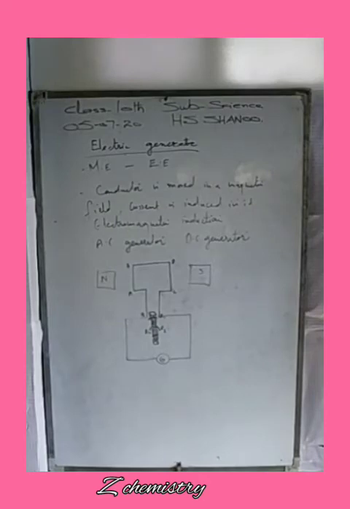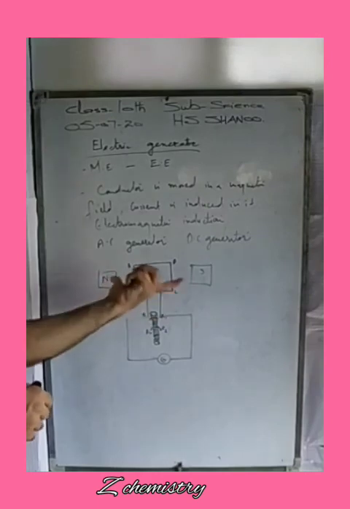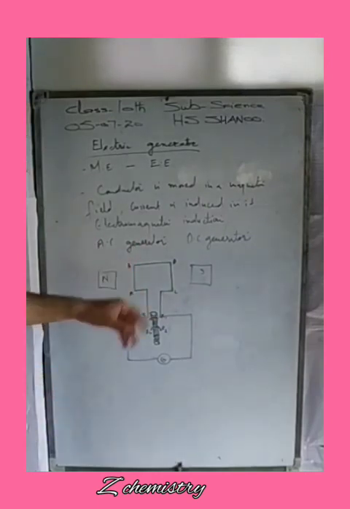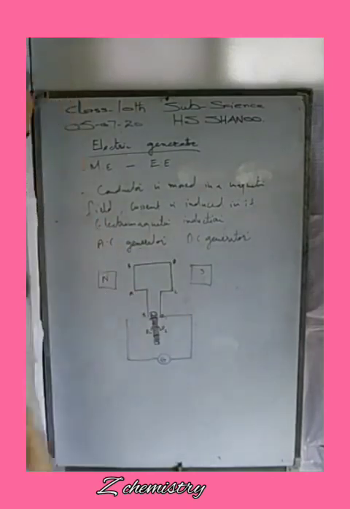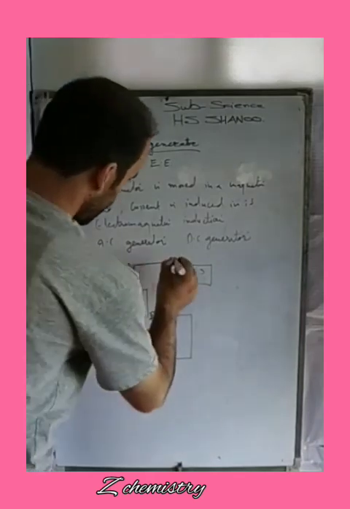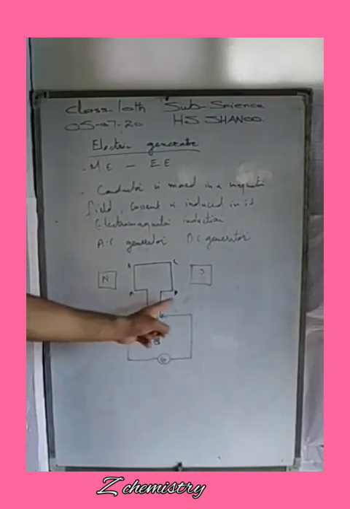The difference between these two generators is that direct current flows in one direction, while alternating current reverses its direction. Both these generators convert mechanical energy into electrical energy. In alternating current, when the axle moves, AB goes up, CD goes down; when it rotates again, this goes up and this goes down.